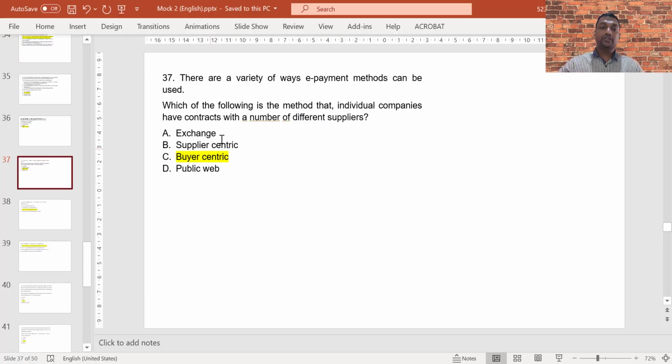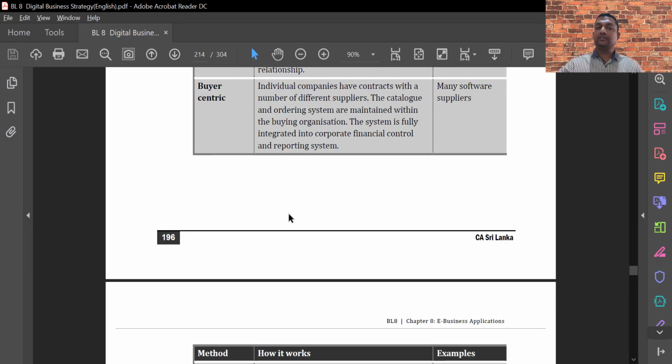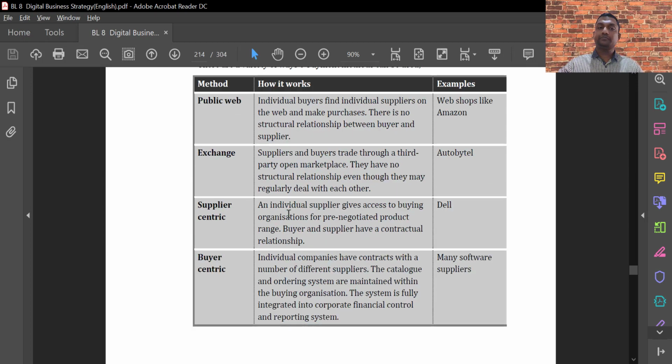The answer points given are exchange, supplier centric, buyer centric, and public web, right? Individual companies have contracts with a number of different suppliers. So each company will have contracts with different suppliers. So these are buyers who are buying from several suppliers who are having contracts. So we'll see the given methods.